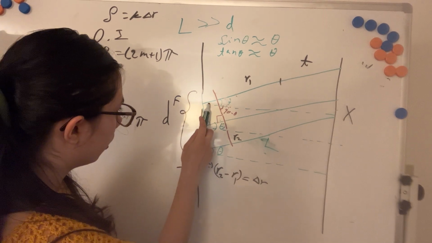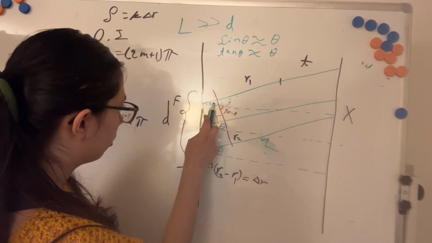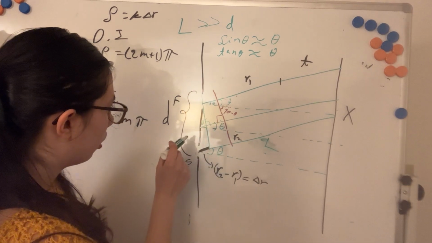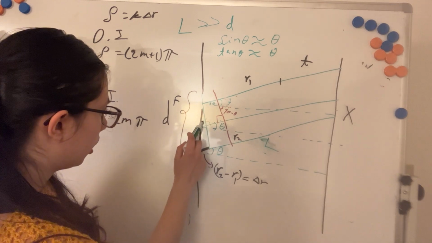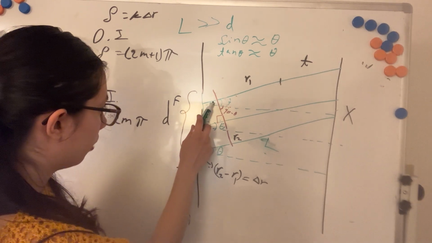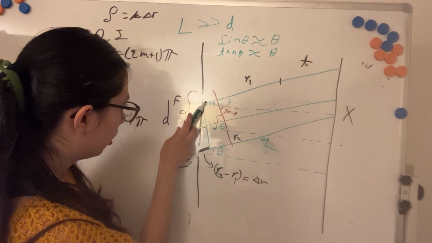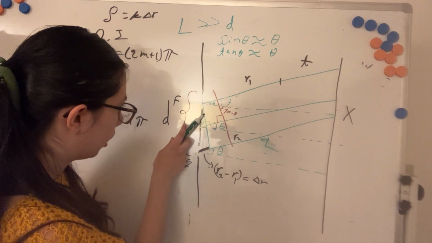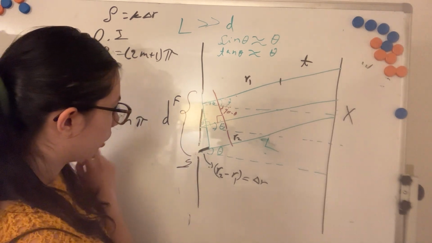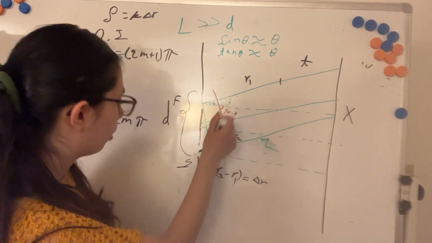So here I have theta. I have that this angle would be the same as that theta. Be careful, here we don't have a 90 degree angle. The 90 degree angle is with this line.